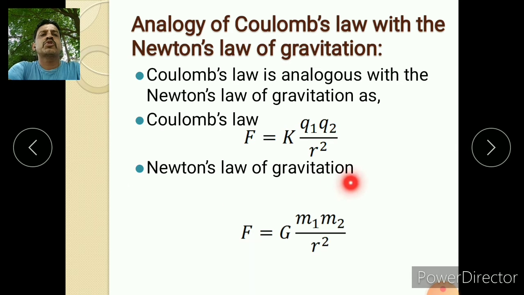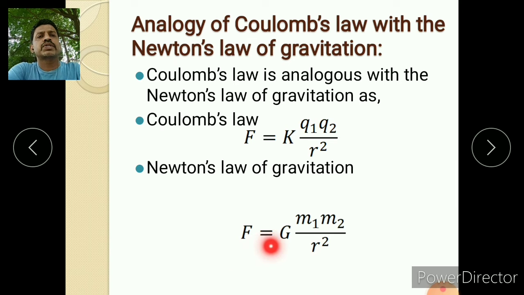Similarly, Newton's law of gravitation, which we all know: F equals G m1 m2 upon r square. It is the gravitational force between two objects, one of mass m1 and another of mass m2, with r the distance between the two.